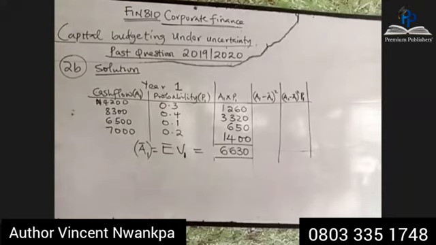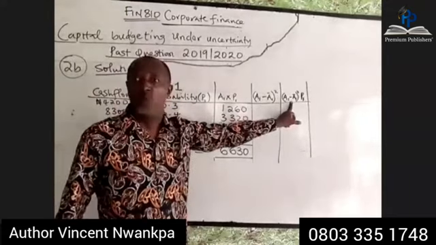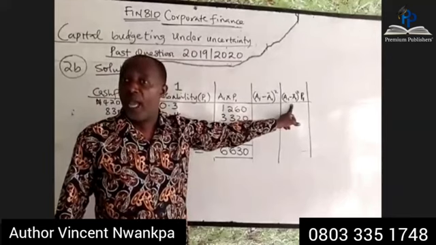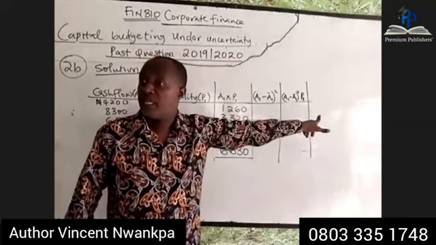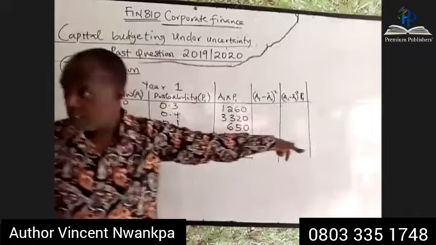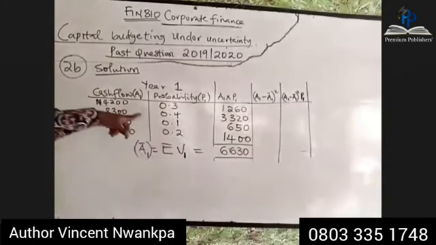The last time we did this, we found deviation squared multiplied by frequency. Our frequency has become probability.